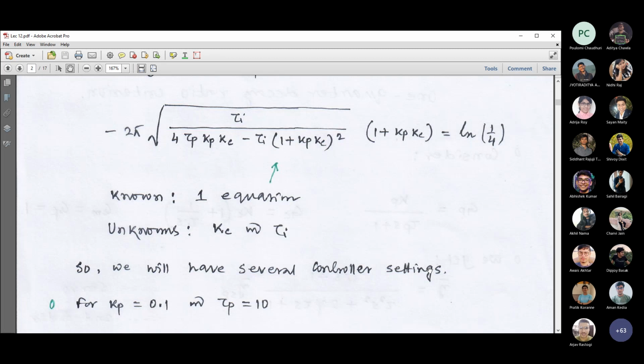When you are going to consider a process for closed loop performance study, for that process Kp and tau p are known to us. Okay, that's why Kp and tau p, they are given here. Do not consider they are unknown, they are known to us.